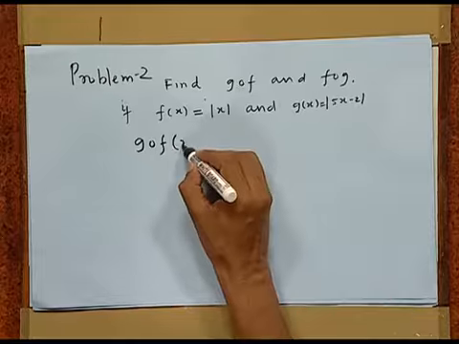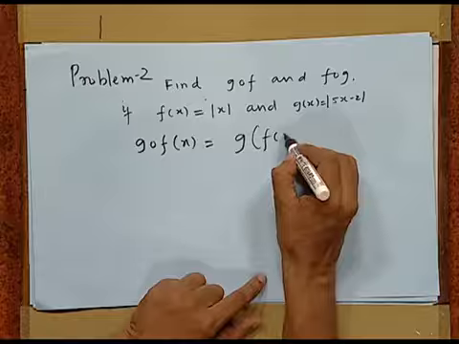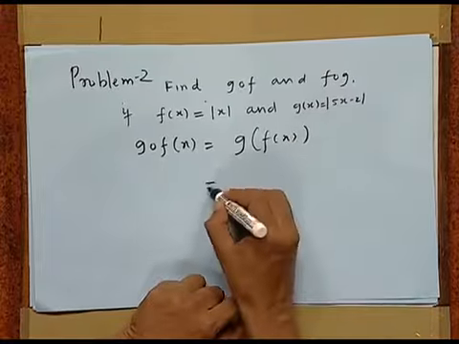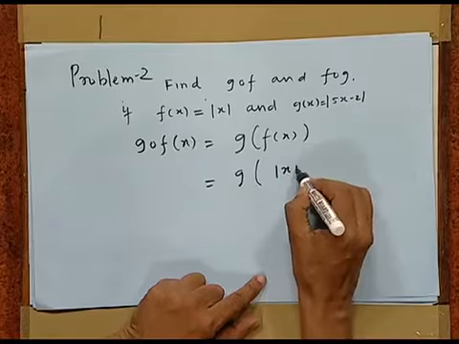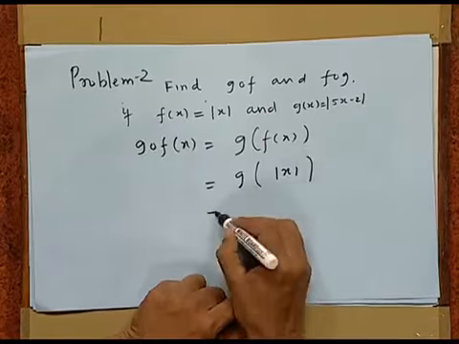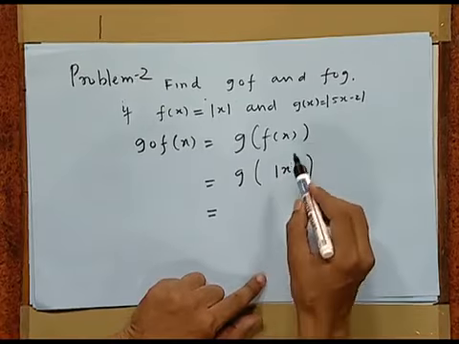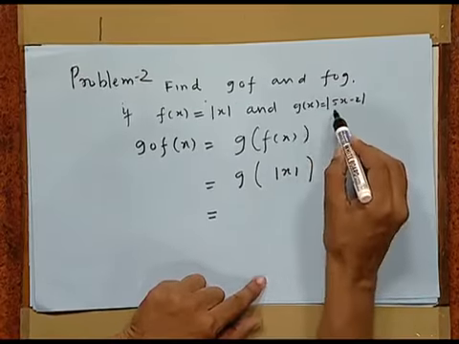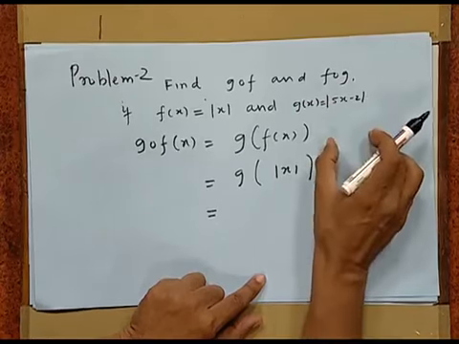Now GOF of x is equal to G of f of x. Now f of x is simply mod x. And what is G of anything? G of anything is 5 times that thing minus 2, whole thing in modulus sign.